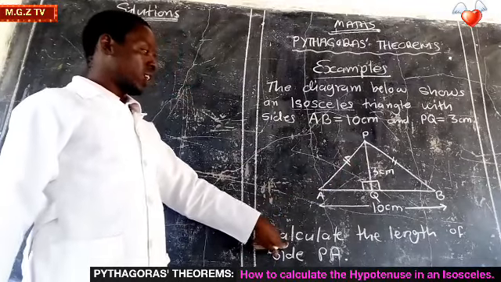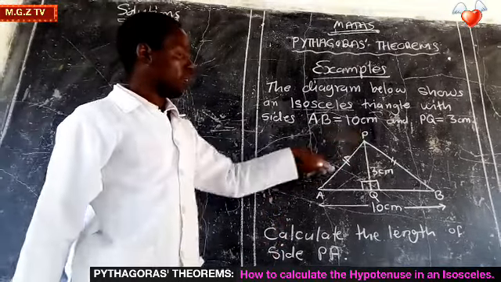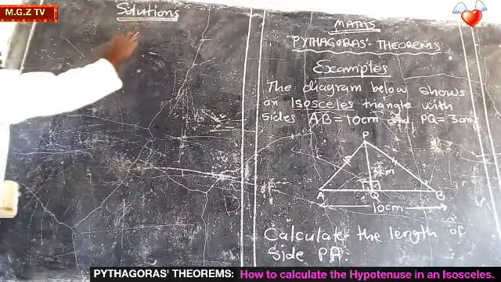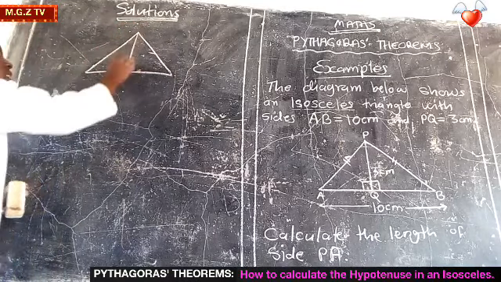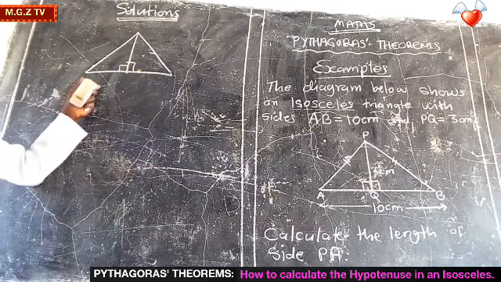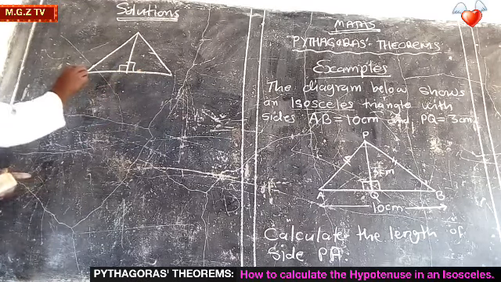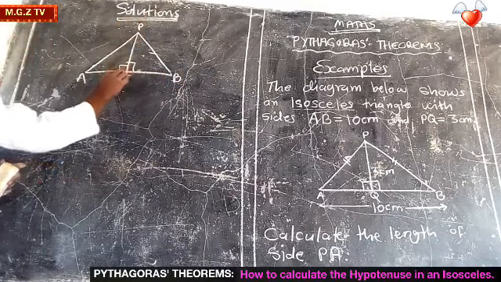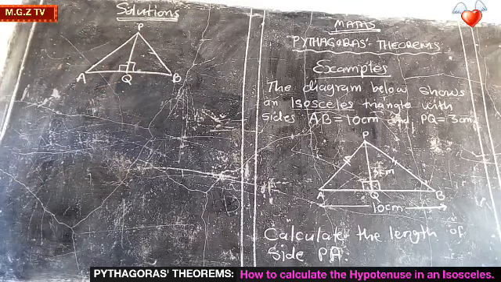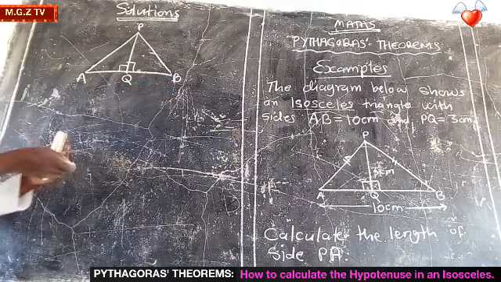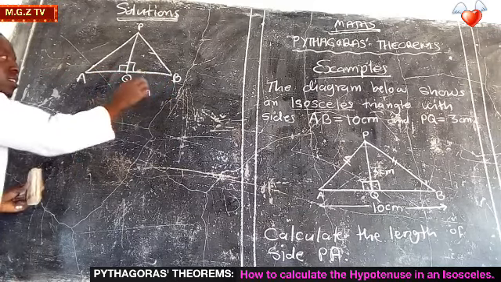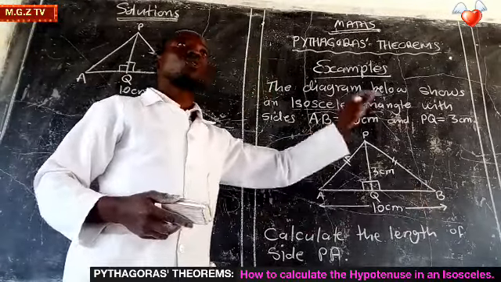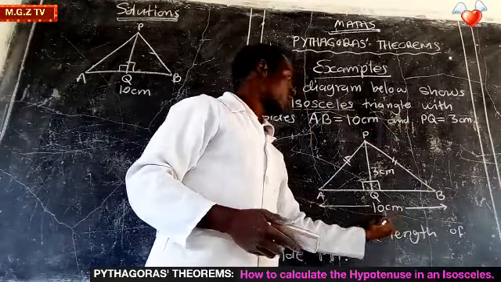Then we have a question here to say calculate the side for PA. This side, right? So the first thing that we have there is an isosceles triangle. Our triangle there has sides A, B, Q. What we have for A to B is 10 centimeters. That is why there are these arrows to show you that from here to there is 10 centimeters.